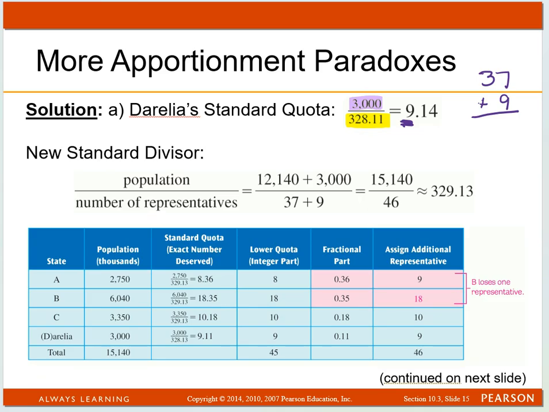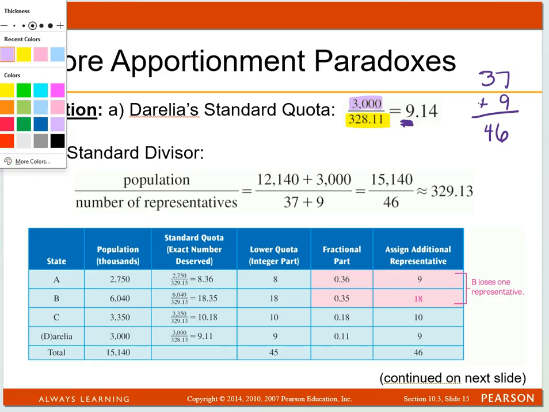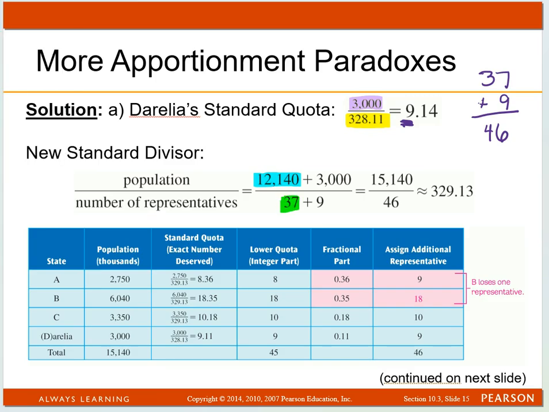And that adds up to 46. So they have to go back, and the original population was 12,140, and the original apportionment was 37. But they're going to add 9 onto here because there's another 3,000 people in that state.